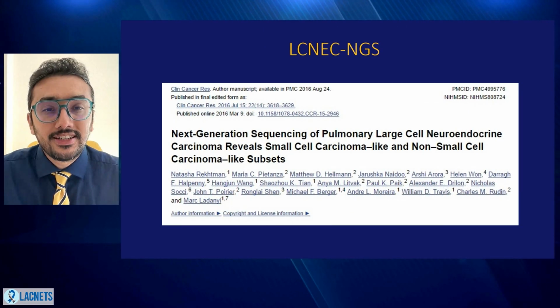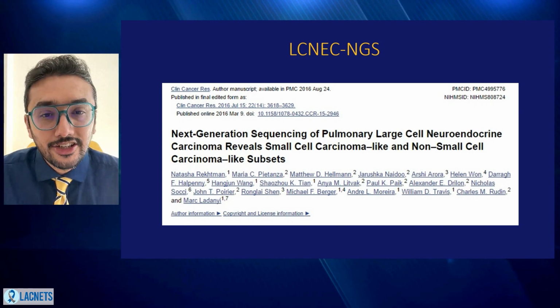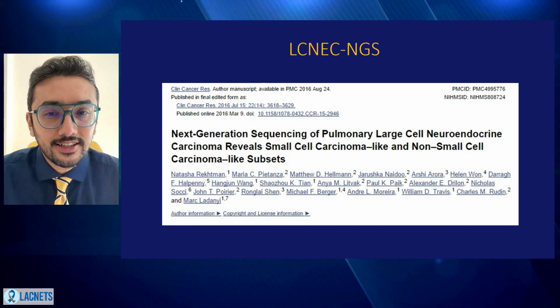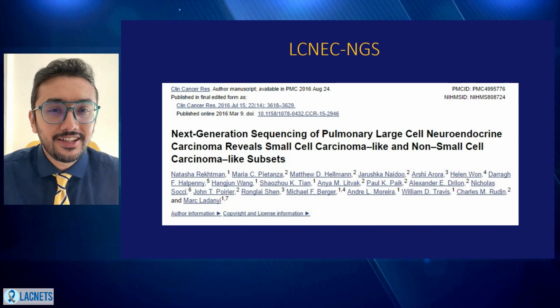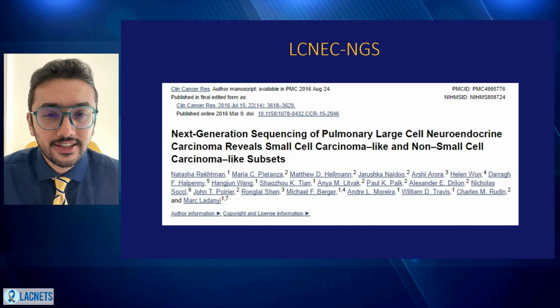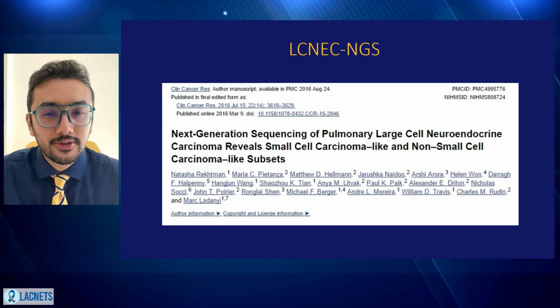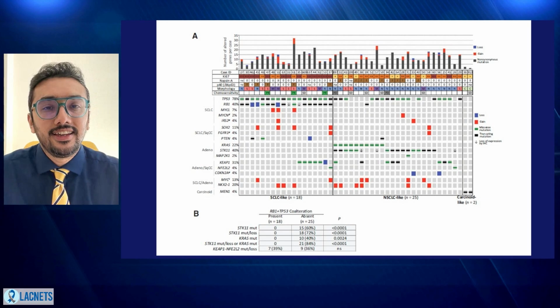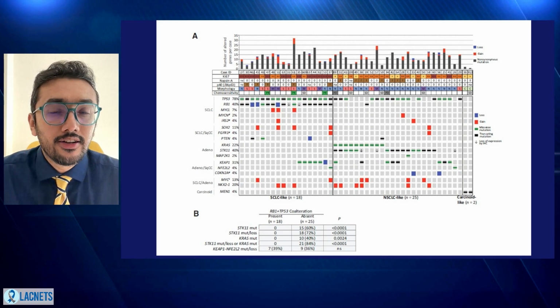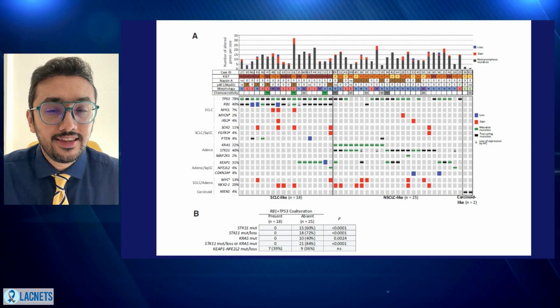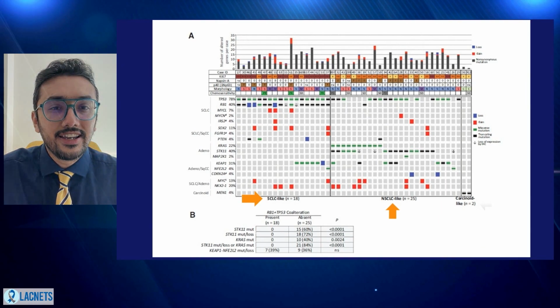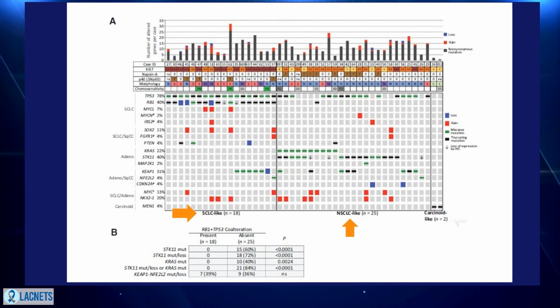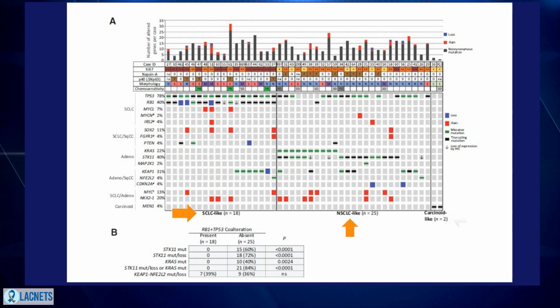There have been some recent advances when it comes to next generation sequencing and genetic testing of tumor tissue, specifically for large cell neuroendocrine cancer or high-grade neuroendocrine cancer. Dr. Rekhtman from Memorial Sloan Kettering did this important work, where they did genetic testing on large cell neuroendocrine cancer of the lung patients, and they were able to divide them based on the genetic signatures into two subcategories: small cell like, if the patient had TP53 or RB1 mutations, or non-small cell like.